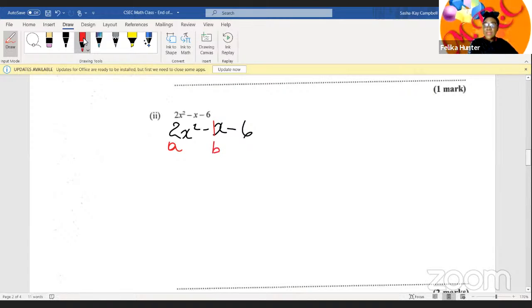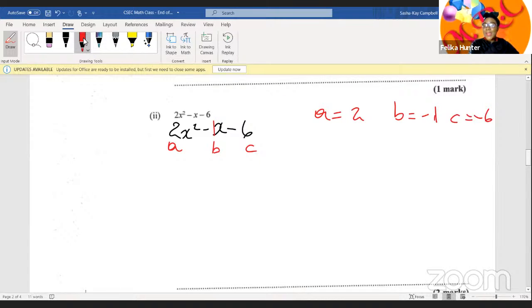And then the constant, which is a number that stands alone, right? It doesn't have a variable beside it. That is our c, all right? Which is the number -6. So we know our a is 2, b is -1, and c is -6.